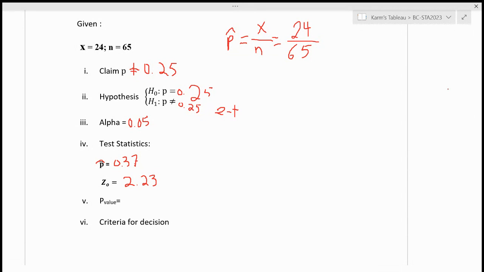Before we go straight to the 0.9871, we need to know how to find the p-value first. It's not going to be that straightforward because we are dealing with two tail right now. So you're going to look at the figure that I sent you last time about the p-value determination. It will tell you how to find the p-value.